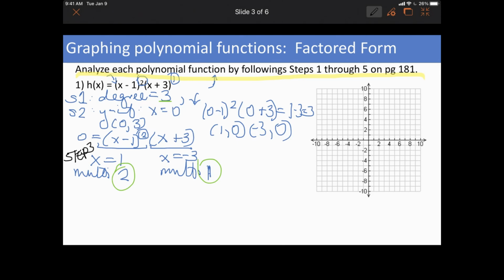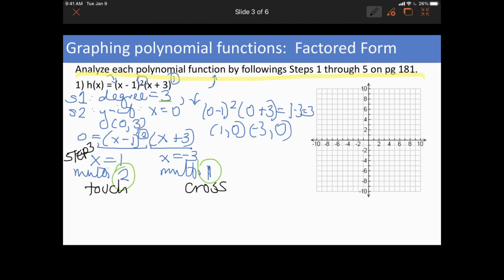And you don't have to put the step 1, 2, 3. I'm just showing you so you know in your notes where that is. So multiplicity of 2, and okay, we've done that. It says talk about crossing or touch. So 2 is a touch or a bounce. 1 is a cross because it's odd, and 2 is even.